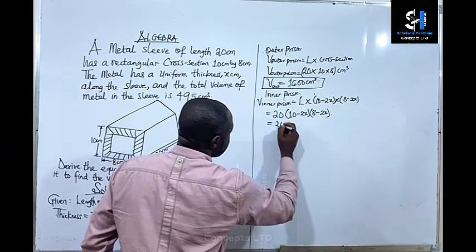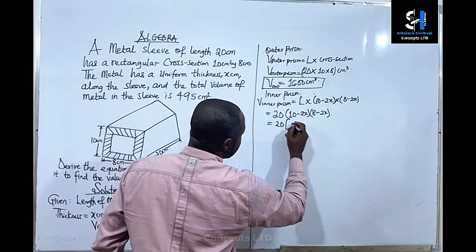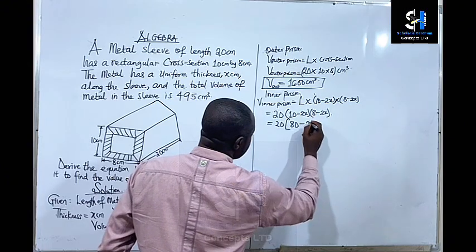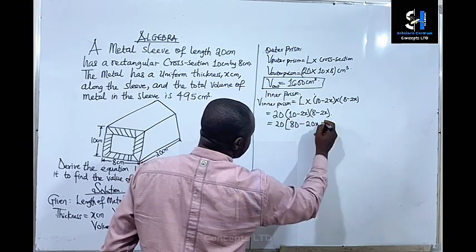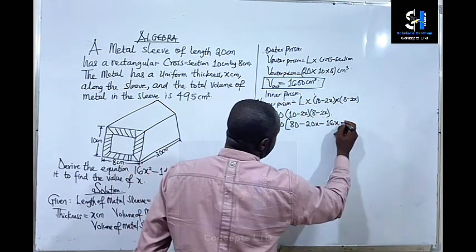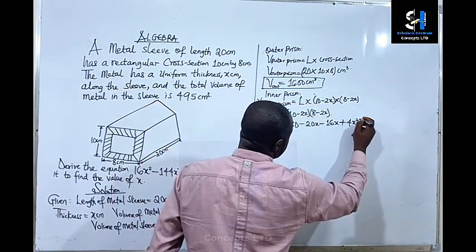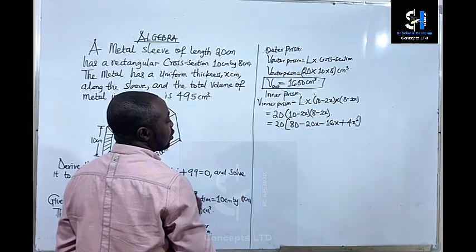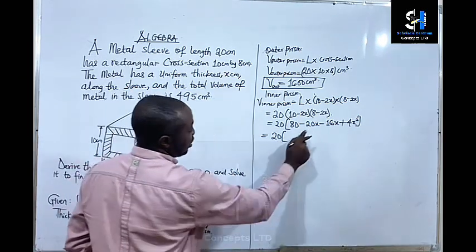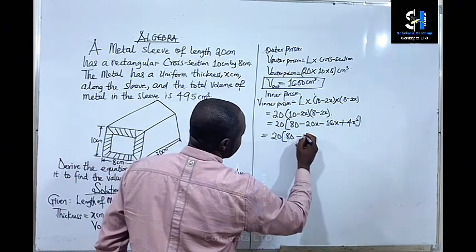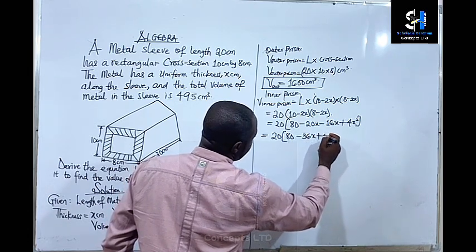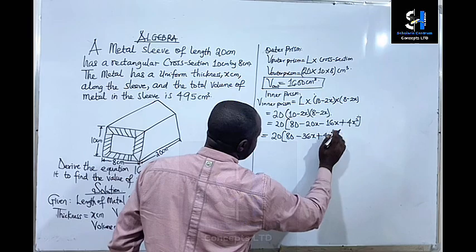Let's expand this. This will be 20 open bracket 10 times 8, that is 80; 10 multiplied by minus 2x is minus 20x; minus 2x multiplied by 8 is minus 16x; minus 2x multiplied by minus 2x is positive 4x squared. So we have 20 brackets 80 minus 36x plus 4x squared.